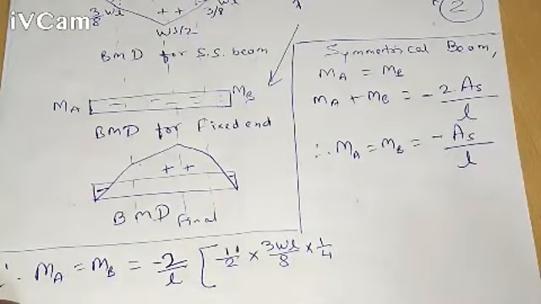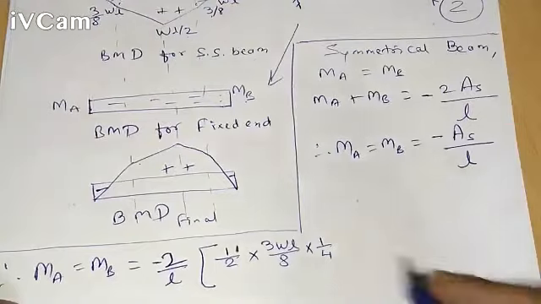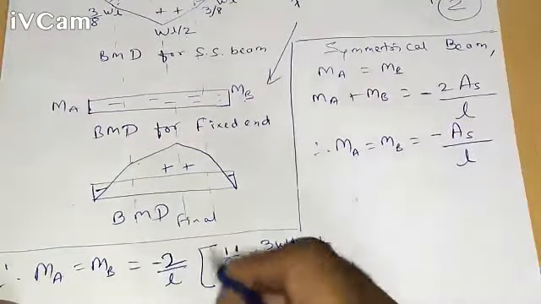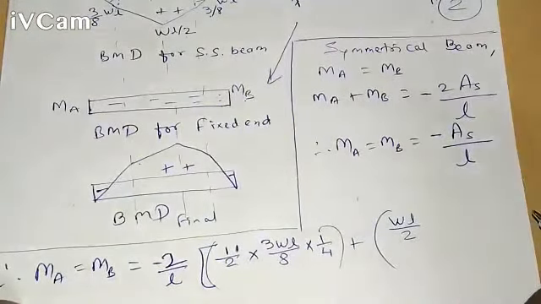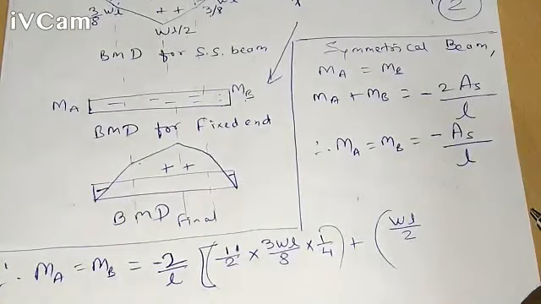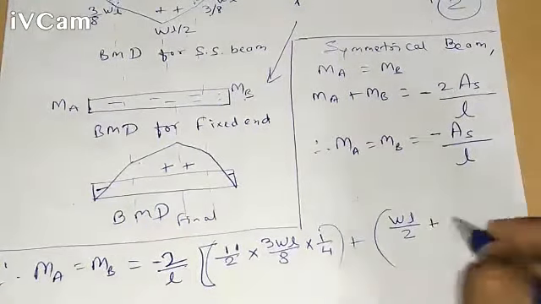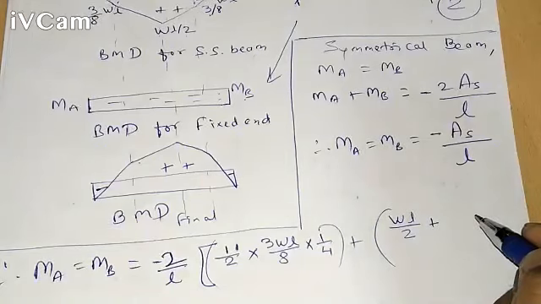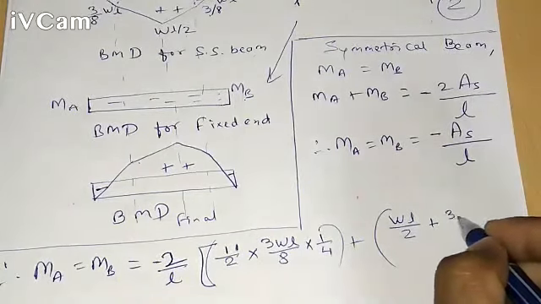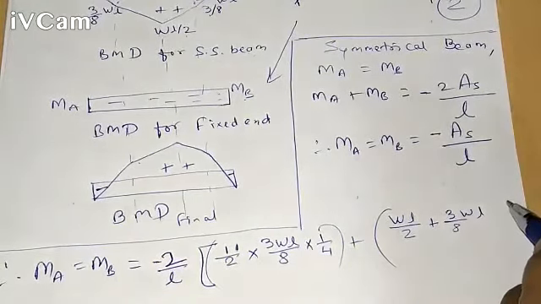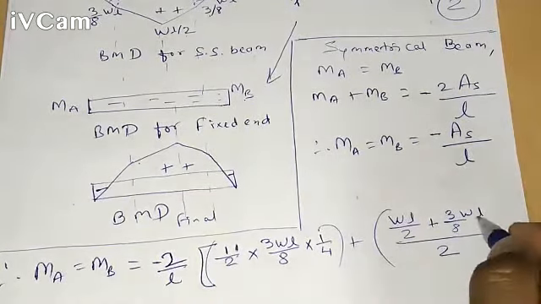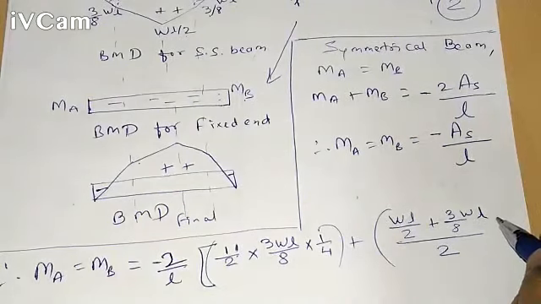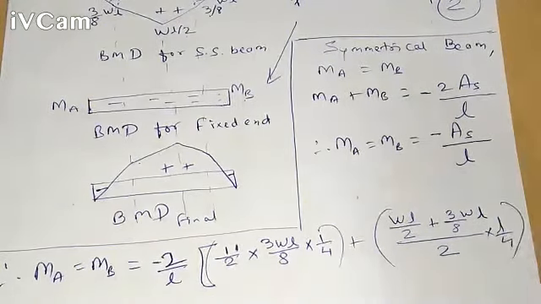Now the remaining part would be plus WL by 2 plus 3 by 8 WL divided by 2 multiplied by L by 4.